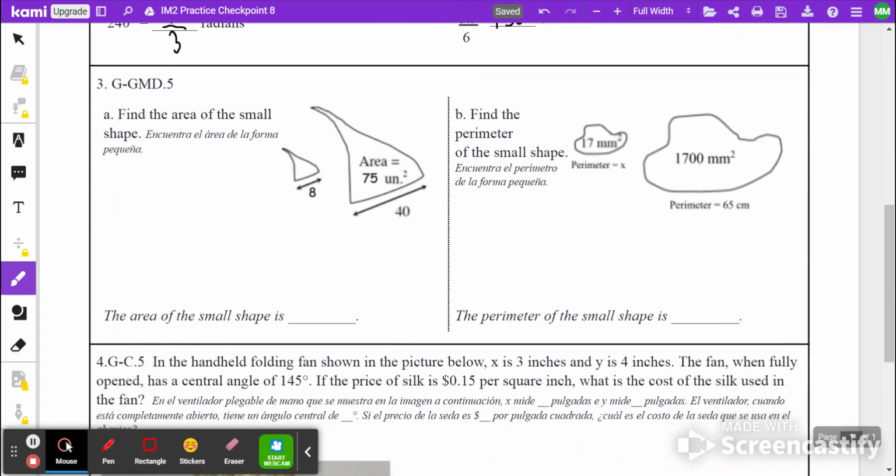Number 3a, find the area of the small shape. All right, well, my linear scale factor is 5.